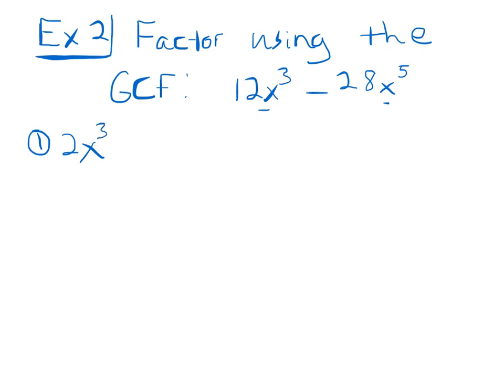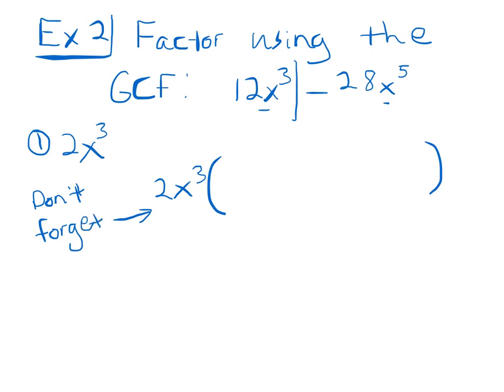The next step, once I have that, is I need to factor out, or pull out, that GCF of each term. And right away, before I go any further, I'm going to write the most common mistake. And I want you to write this. Don't forget, the most common mistake is to forget to write that GCF out in front.